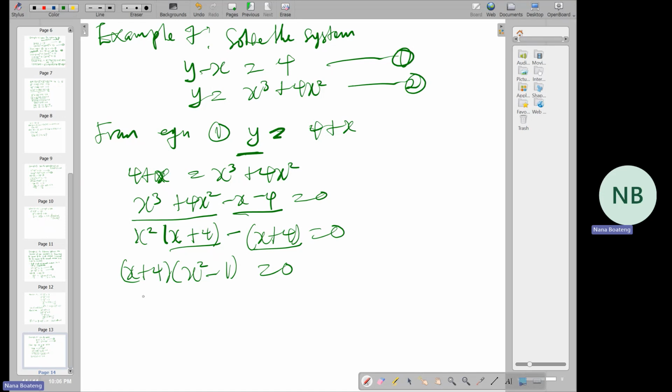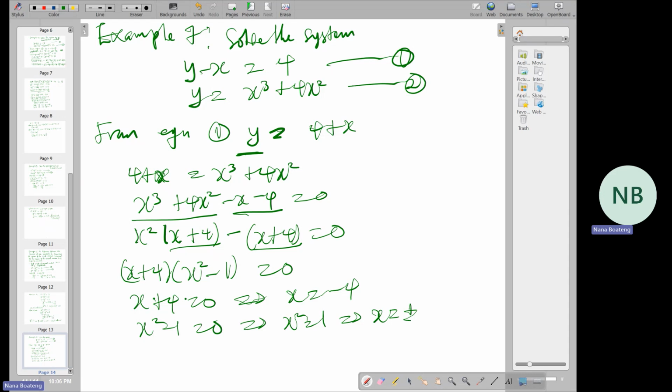So from here, either x plus 4 is equal to 0, which implies x is equal to -4, or x squared minus 1 is equal to 0, which implies x squared is equal to 1, which means x is equal to plus or minus square root of 1, which gives us plus or minus 1.